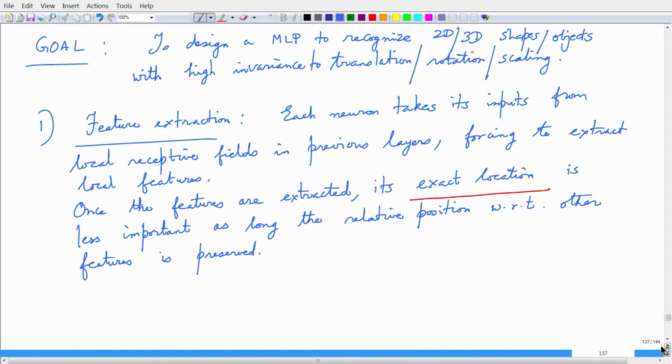Once these features are extracted, the exact location of the feature is less important as long as the relative position with respect to the other features is preserved. This is very important.